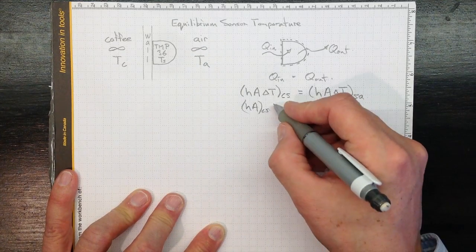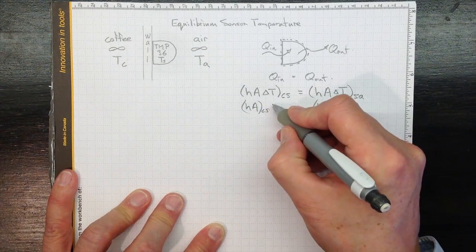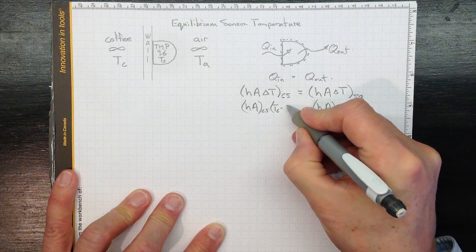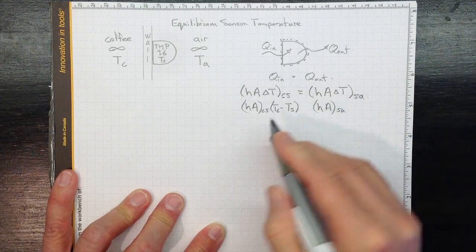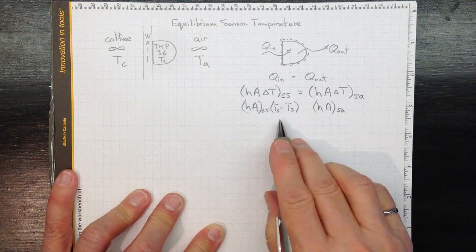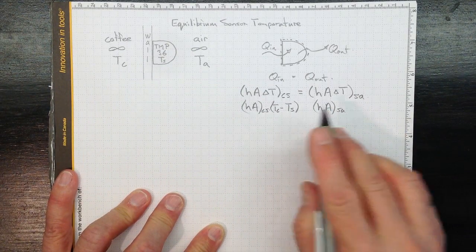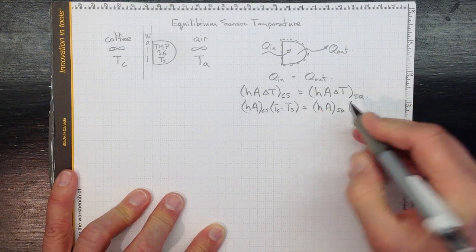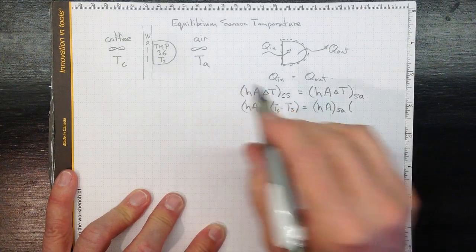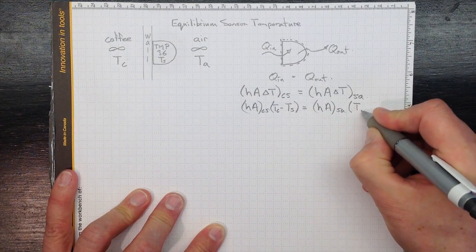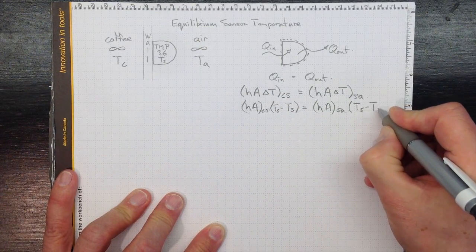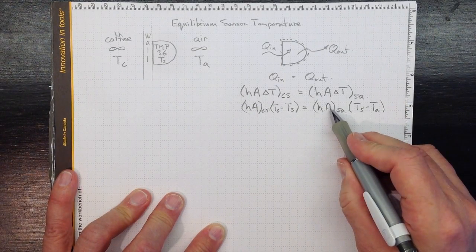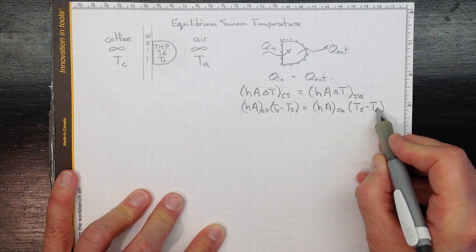The delta T for the CS is going to be T coffee minus T sensor. So there'll be a positive heat transfer to the sensor if the coffee's hotter than the sensor. And on the other side, the delta T will be T sensor minus T air. So if the sensor's hotter than the air, there's going to be energy transferred from the sensor to the air.